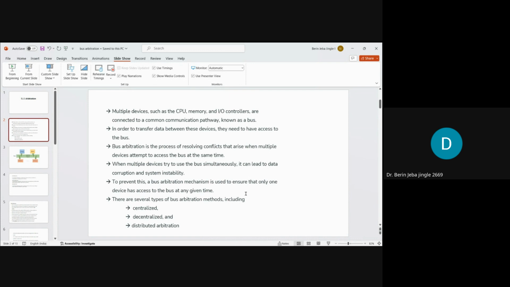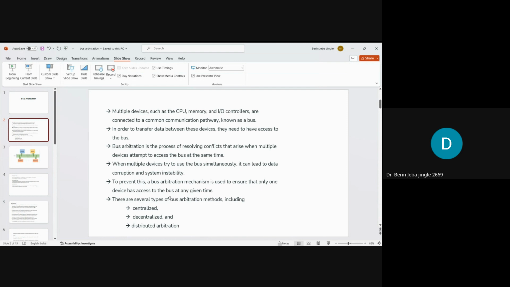It resolves the conflict that arises when multiple devices attempt to access the bus at the same time. This is the proper definition. If multiple devices attempt to use the bus at the same time, it can lead to data corruption and instability. So to prevent this, the bus arbitration mechanism is used.